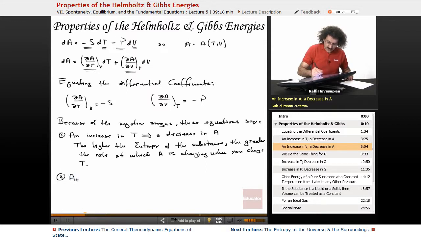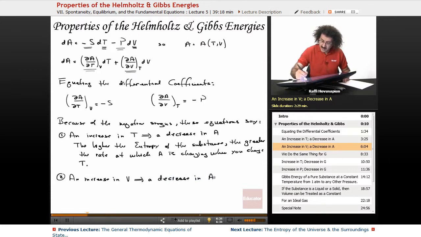Now, the second one says exactly what you think, based on what we did for the first one. An increase in the volume implies a decrease in the Helmholtz energy. So an increase in V implies a decrease in A. I just have to make sure that I'm keeping all of my variables clear here.